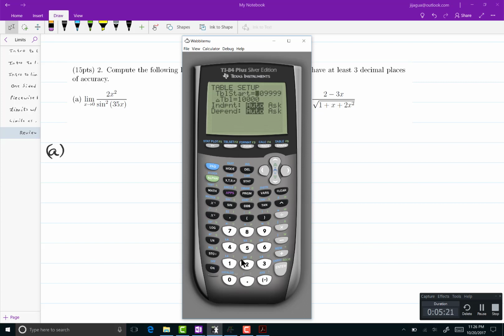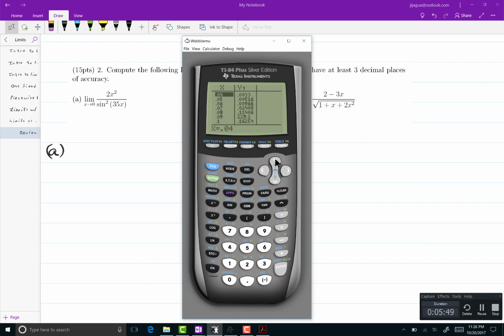Now I want to put in small numbers, so numbers around 0. So let's see here. 0.05, okay, that's fine. And I'll increment by 0.01. All right, now let's take a look at the table values. I got 0.00516.